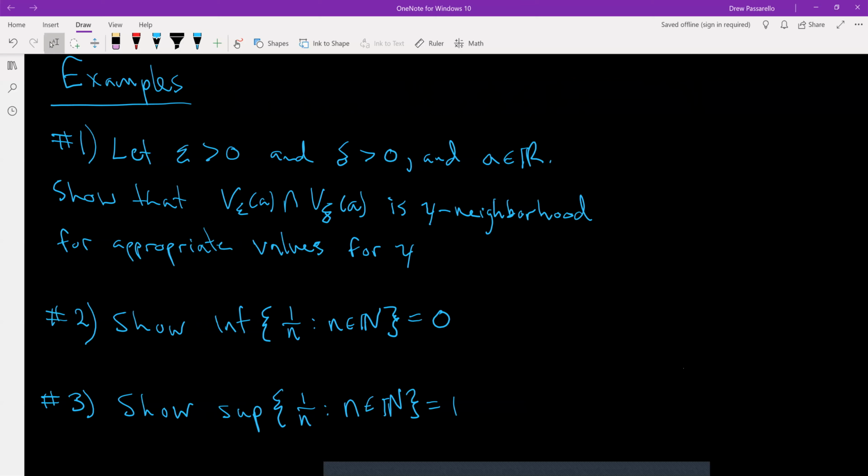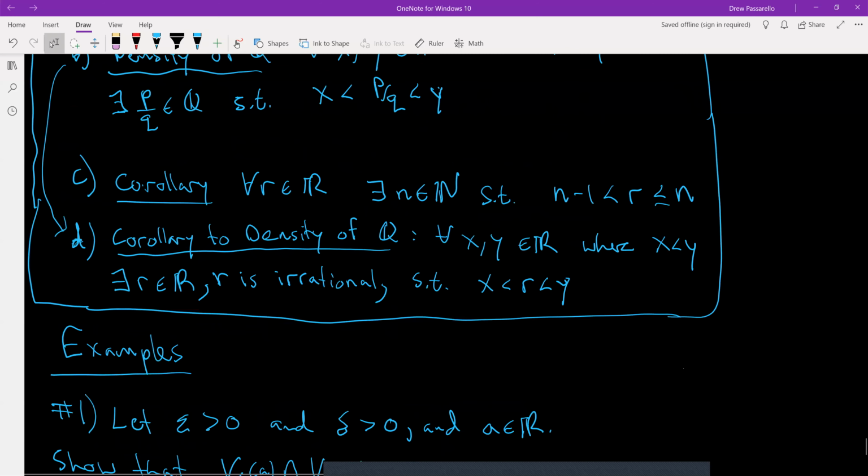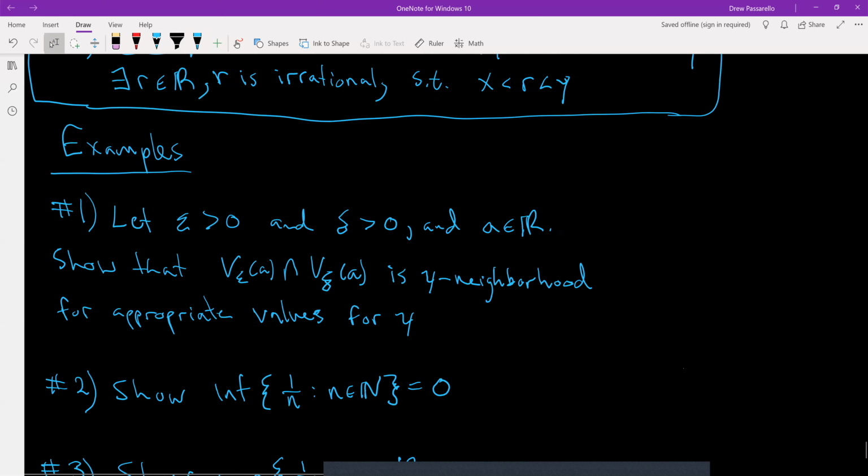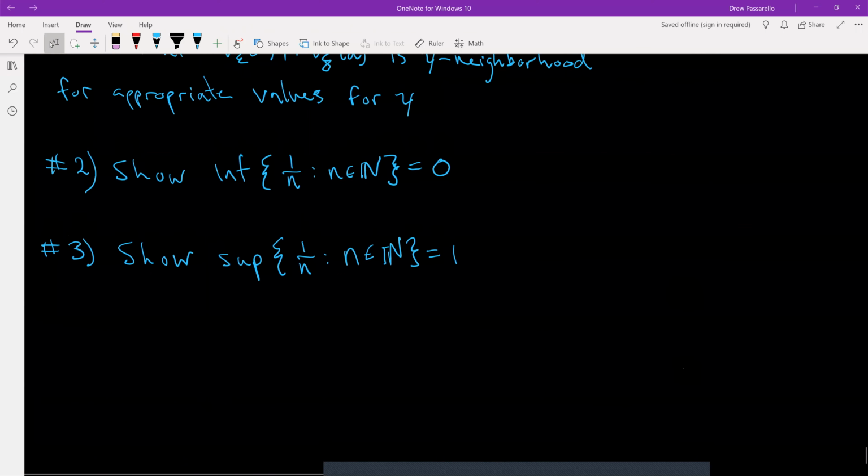That goes back to one of our previous videos where we talked about neighborhoods. Number 2, show that the infimum of 1 over n, where n is a natural number, is equal to 0. That's just part A in our list of important results. And number 3 is to show the supremum of that same set is equal to 1. Okay, so those are the examples.